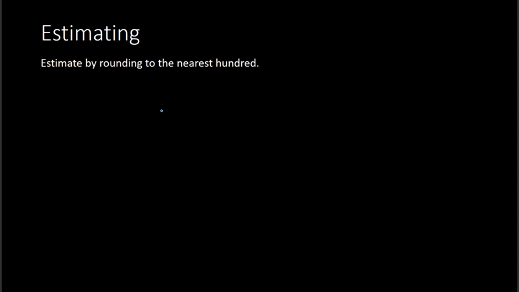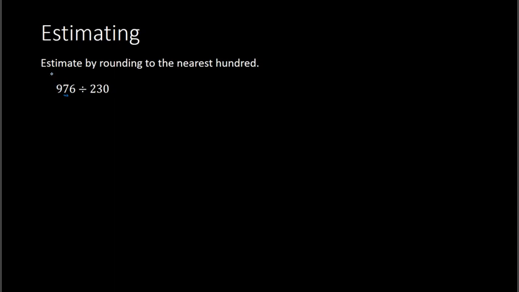And lastly, we have a division problem. 976 divided by 230. So you're told to round to the nearest hundred, and to do that with 976, we look at the tens place, the 7, and that's closer to 10, so I round the 9 up to a 10.